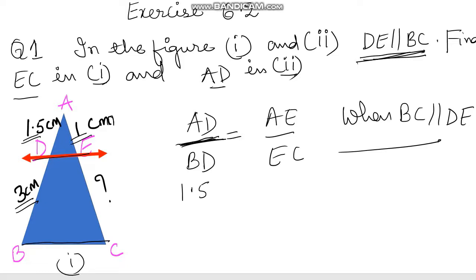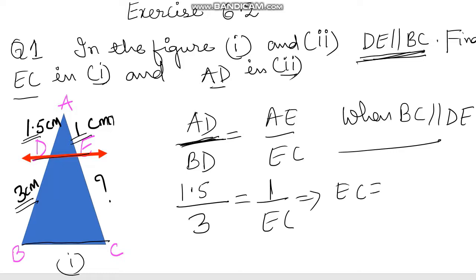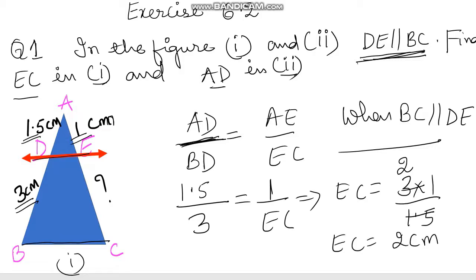So there is no need to write centimeters there. 1.5 divided by 3 will be equal to AE, which is 1 centimeter, divided by EC. So from here it implies that EC will be equal to 3 into 1 by 1.5. And you all know, children, that 1.5 twos are 3. So EC will be equal to 2 centimeters.